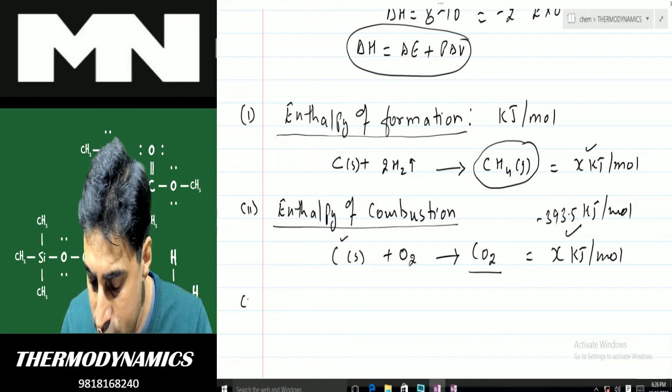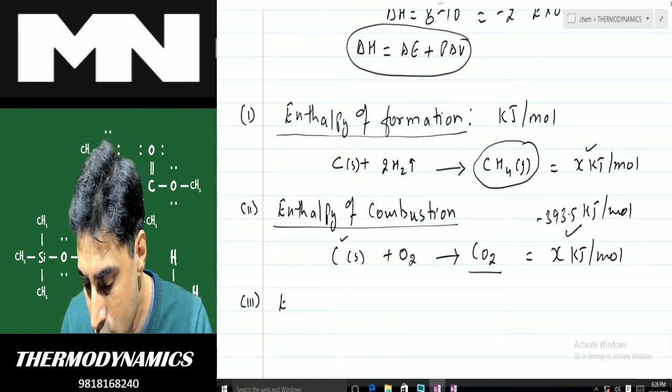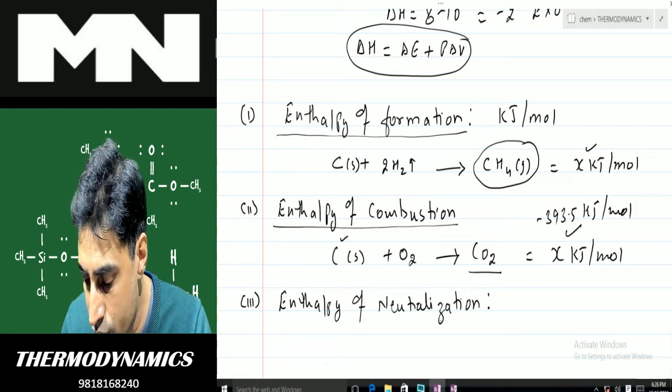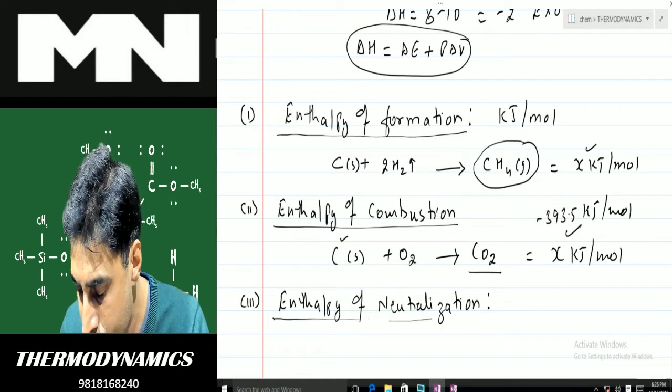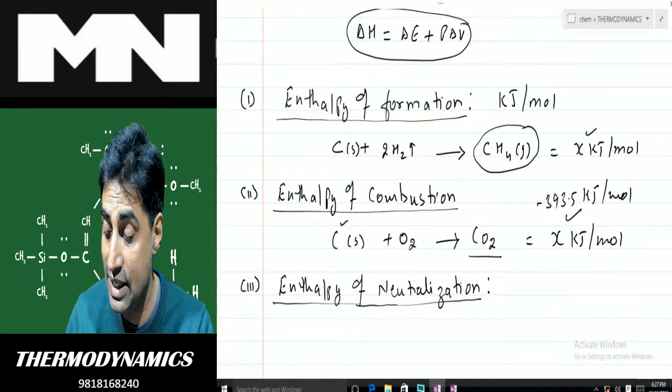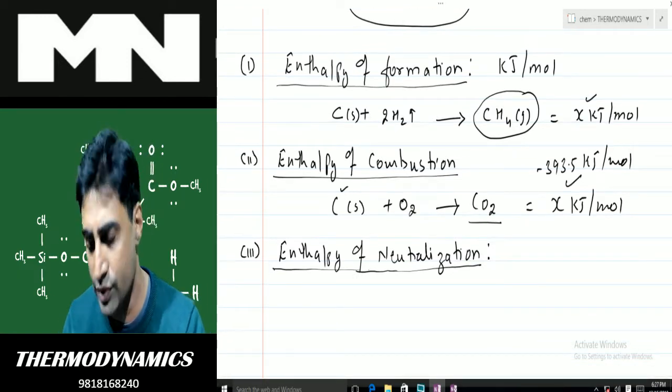Then comes enthalpy of neutralization. We know this very well. What is neutralization? An acid is neutralized by a base and vice versa.